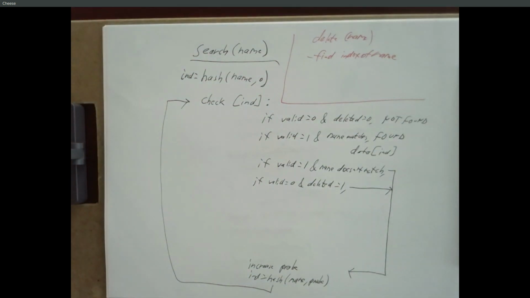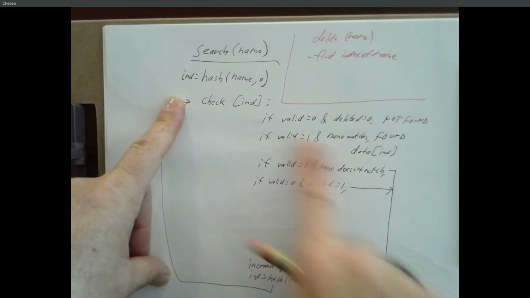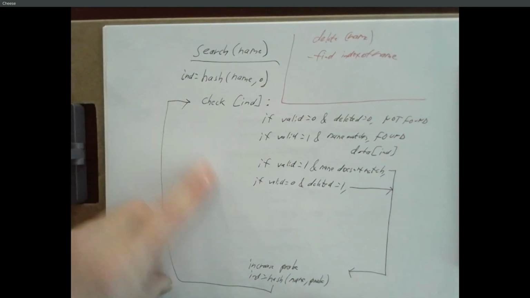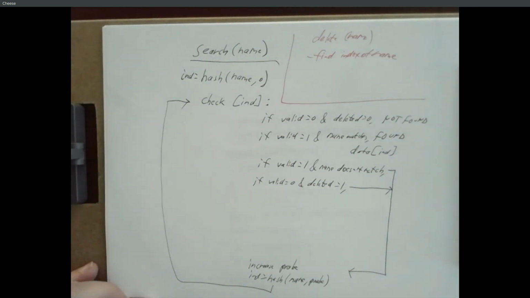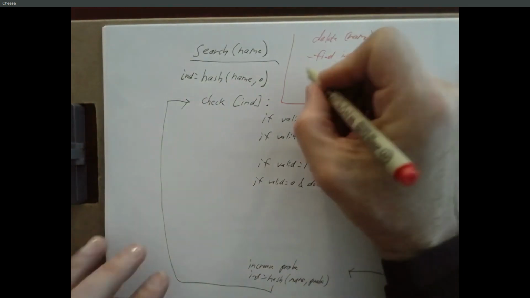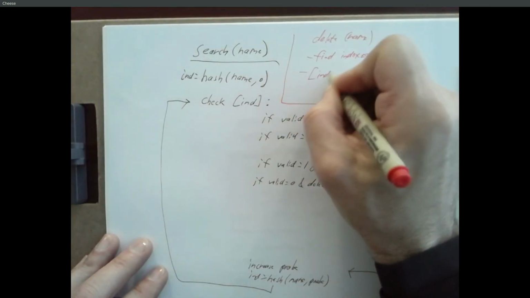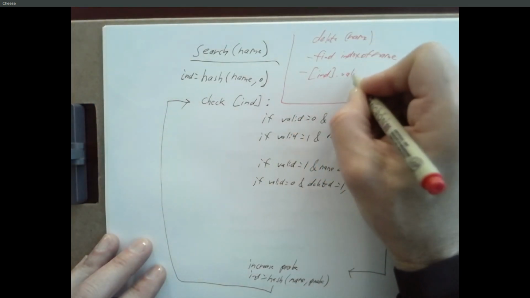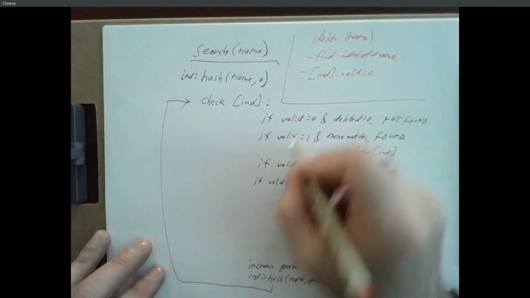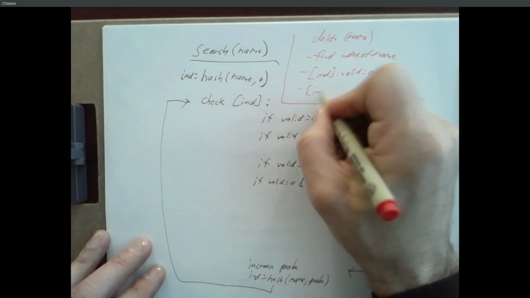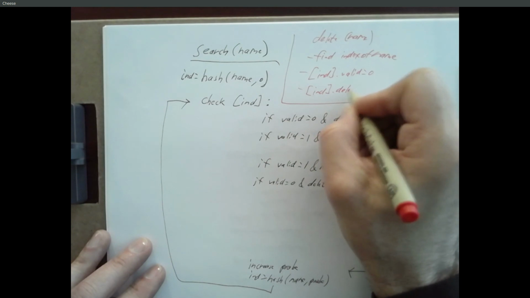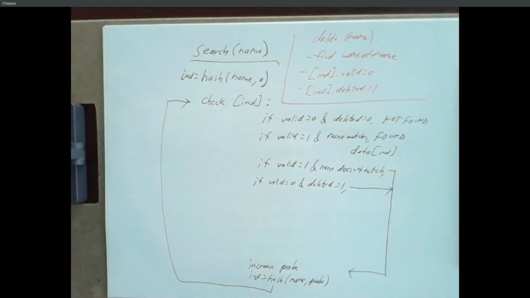Find the index in the table. That's what all of this does, right? It gives us an index at the end. And then set the valid flag to 0. Set the deleted flag to 1, and you're done.